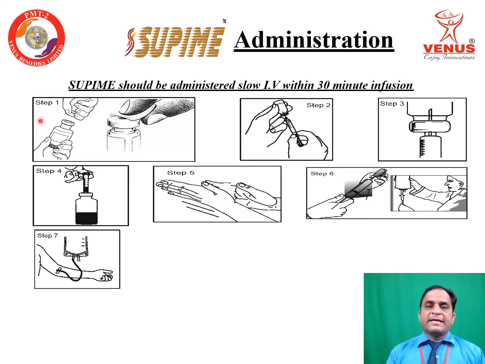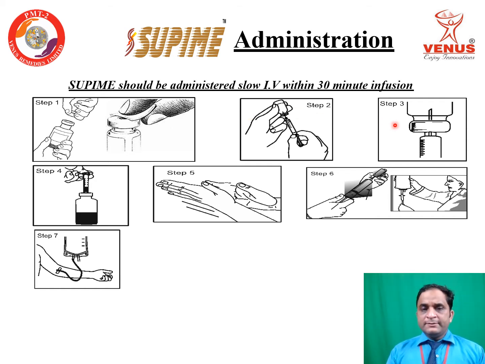In the first step, the paramedical staff or doctor is requested to take both vials and uncap both vials. Second step, take a syringe and take the solvent in it.